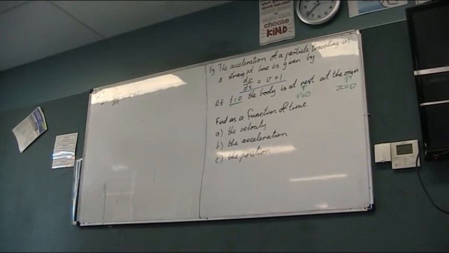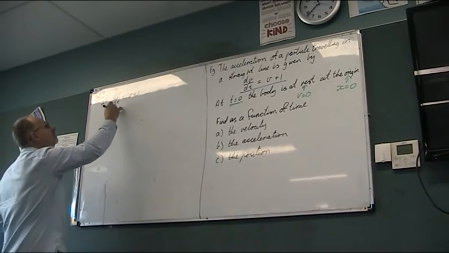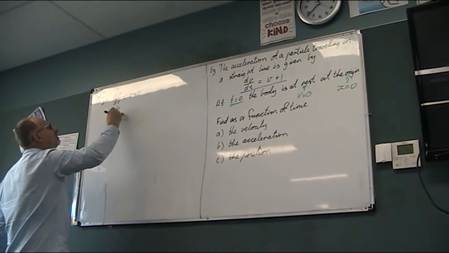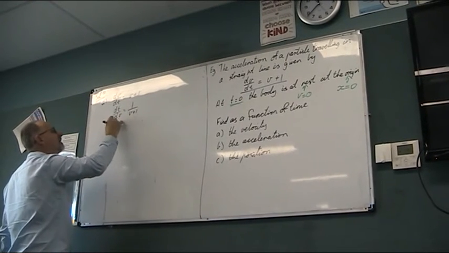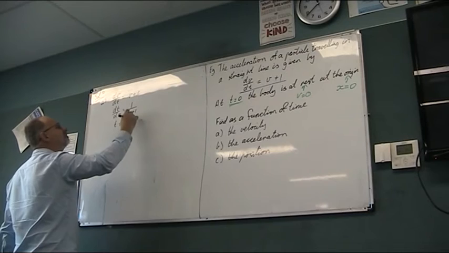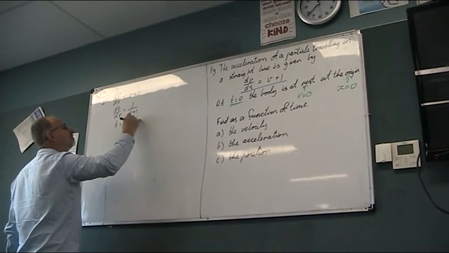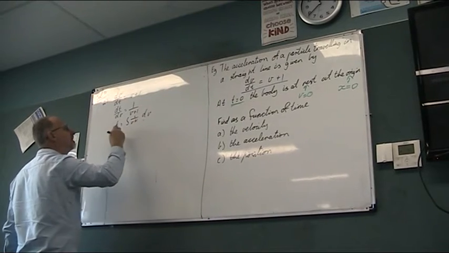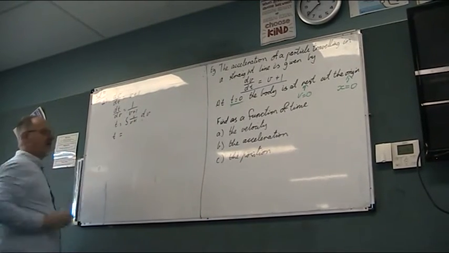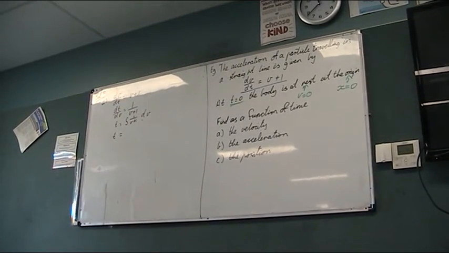First step is to flip, yep. Then anti-differentiate. So we've got 1 over v plus 1.